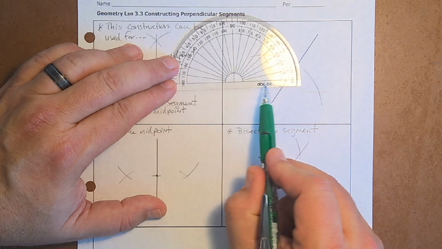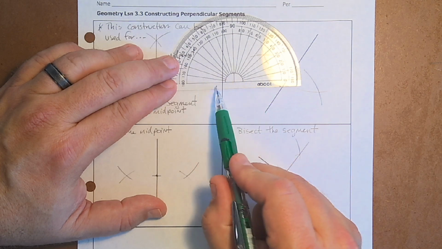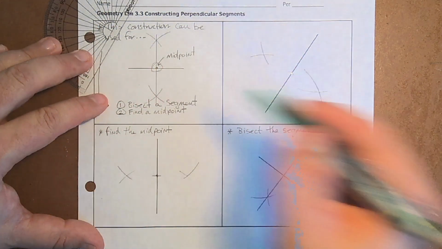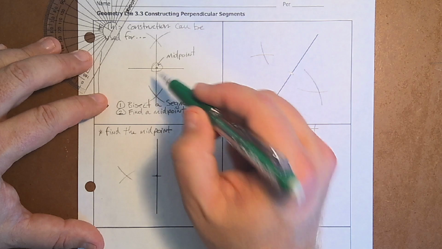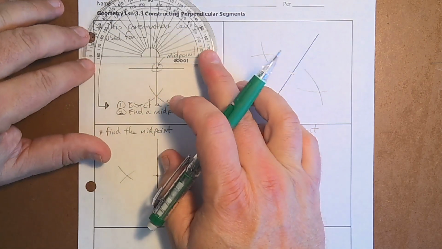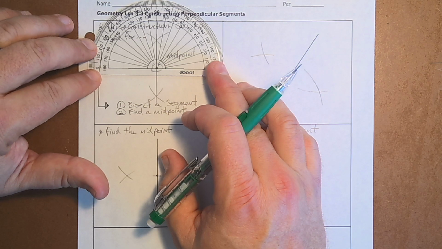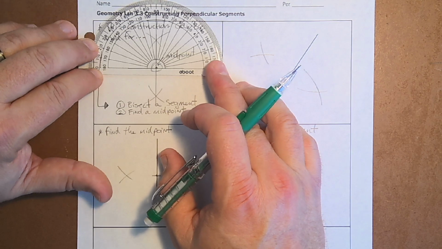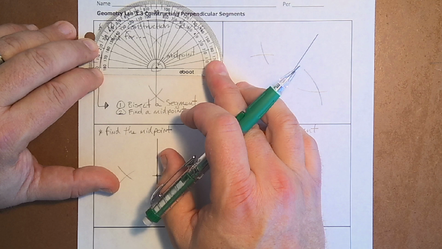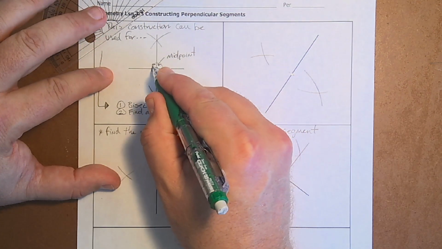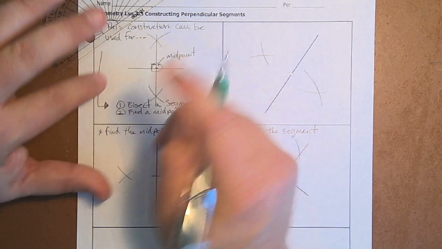Then I line this baseline on my protractor up along one of the sides of my angle. So if I wanted to measure this angle right here, I would fly it in like this and line it up. How big is that angle that we made? 90 degrees, right? So we can mark that with a 90-degree marker.